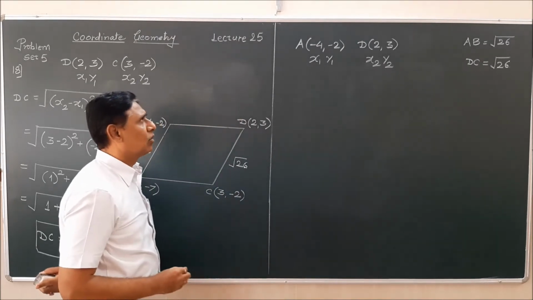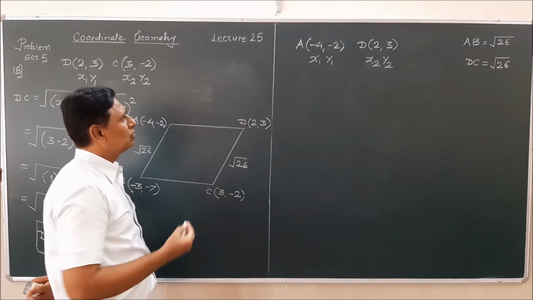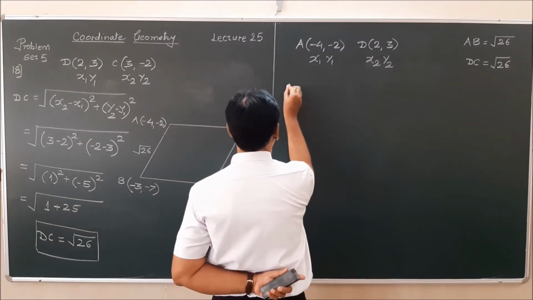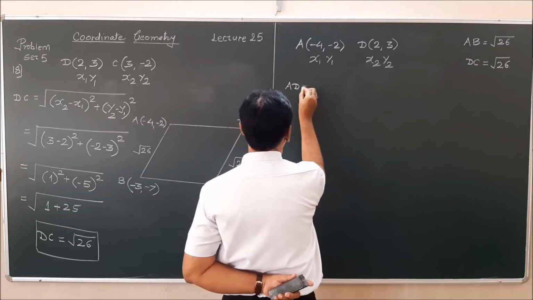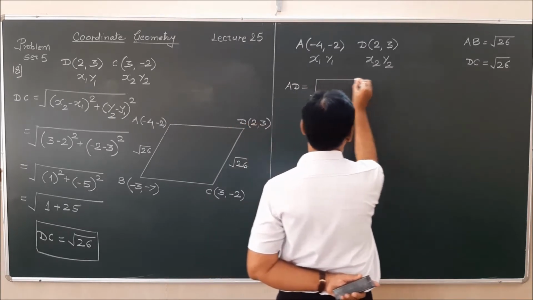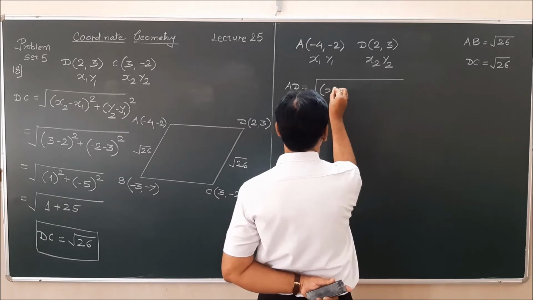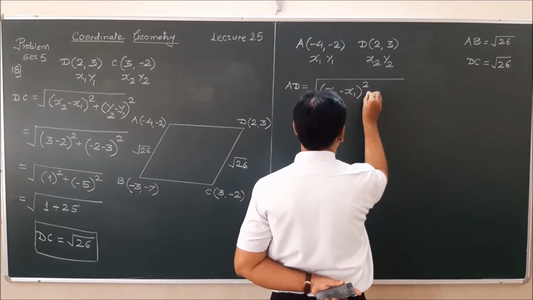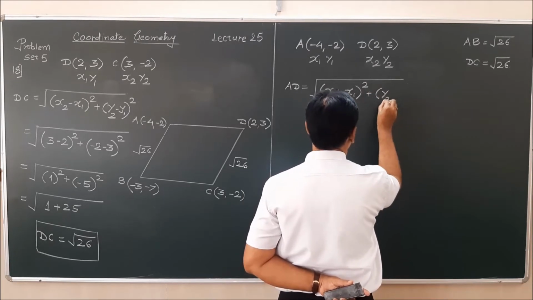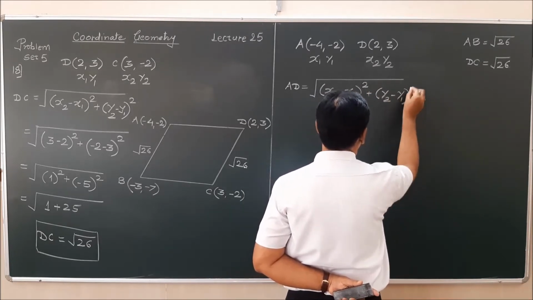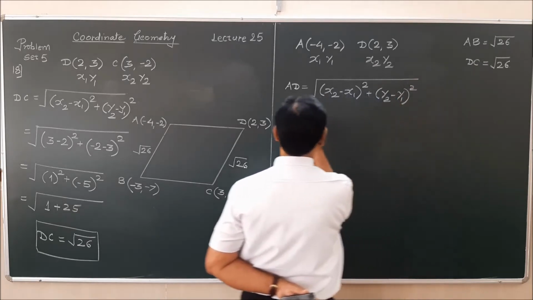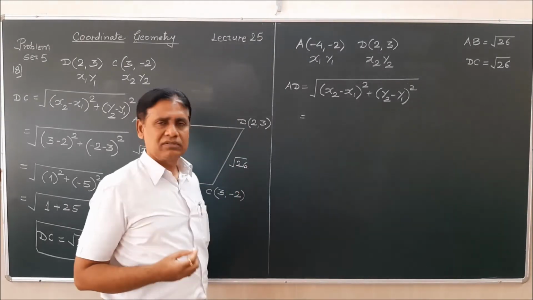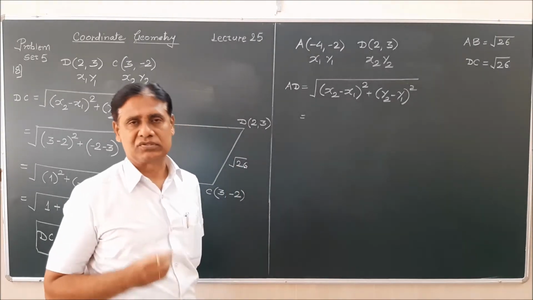So the length of AD is equal to root of (x2 minus x1) the whole square plus (y2 minus y1) the whole square.